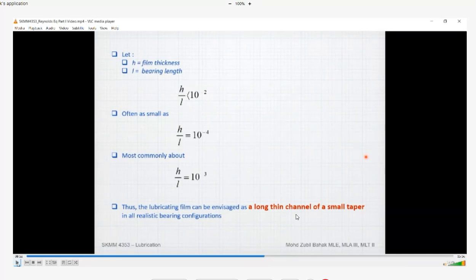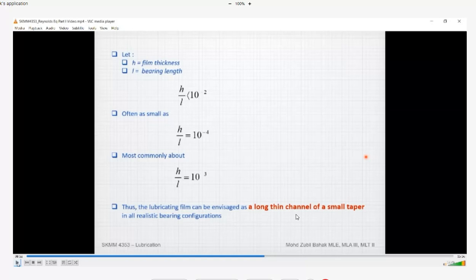Because it is a very slow moving fluid, the motion is due to either the pressure difference or the shear stress. So we have two types of condition which create the flow of the fluid inside the bearing.